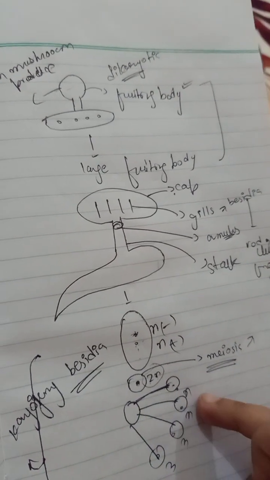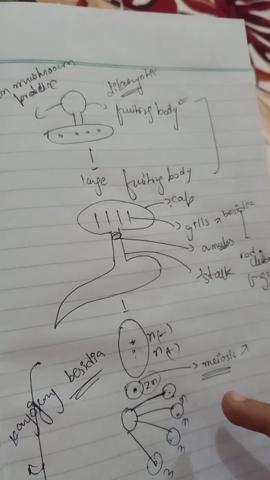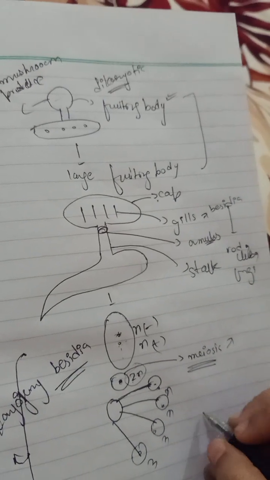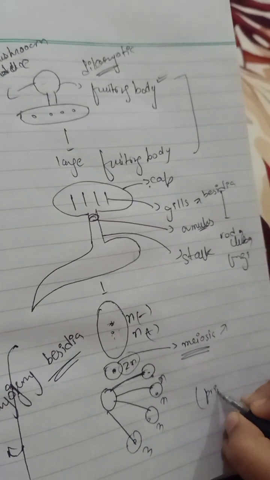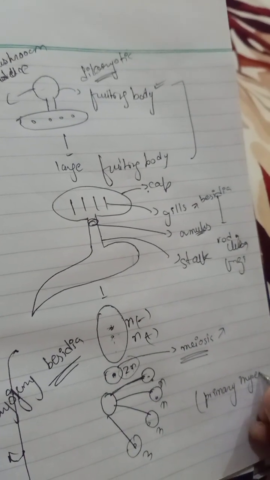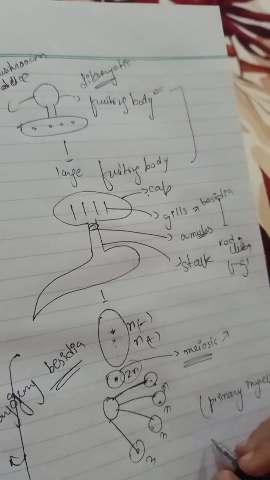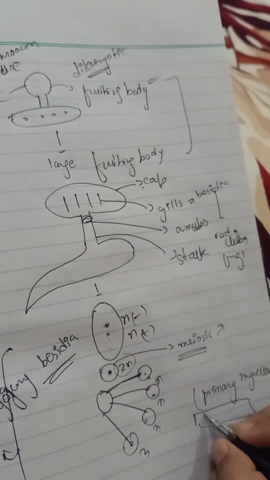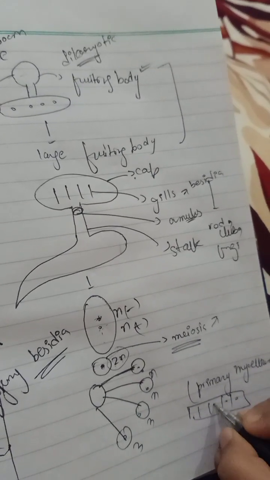And this is a basidiospore. This basidiospore produces the primary mycelium, which means having the monokaryotic like this, having one nucleus.